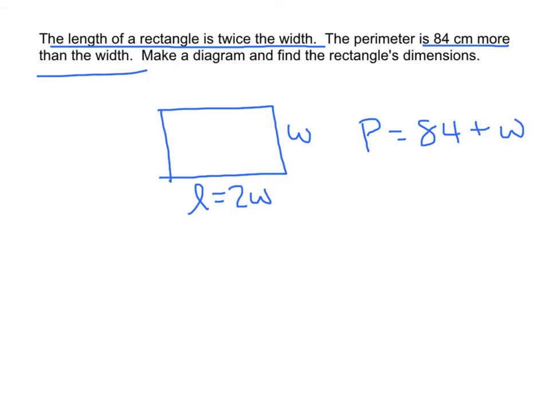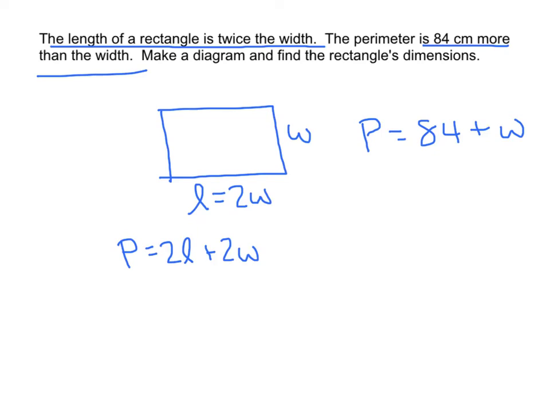So since I've given perimeter, I know that my foundation equation will be 2L plus 2 widths equals the perimeter. So now let's just replace this so that I can have one equation with one variable.